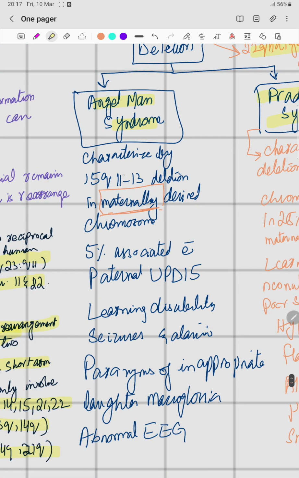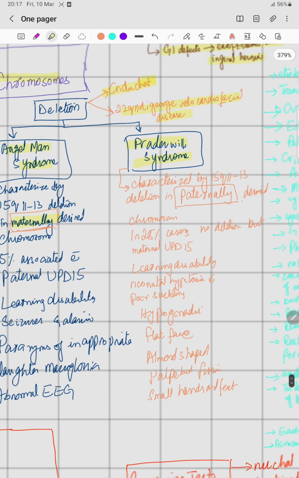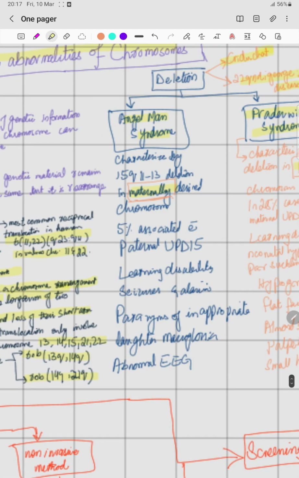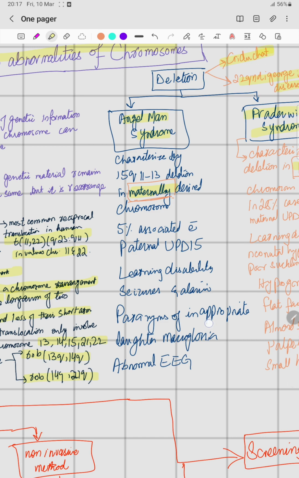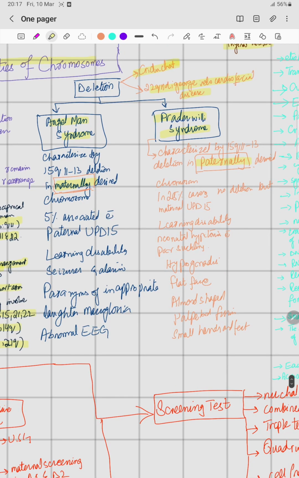Angelman syndrome is characterized by a 15q11-13 deletion on the maternally derived chromosome, whereas Prader-Willi is again a 15q11-13 deletion, but on the paternally derived chromosome. 5% are associated with paternal UPD15, and in 25% of cases there is no deletion but maternal UPD15.